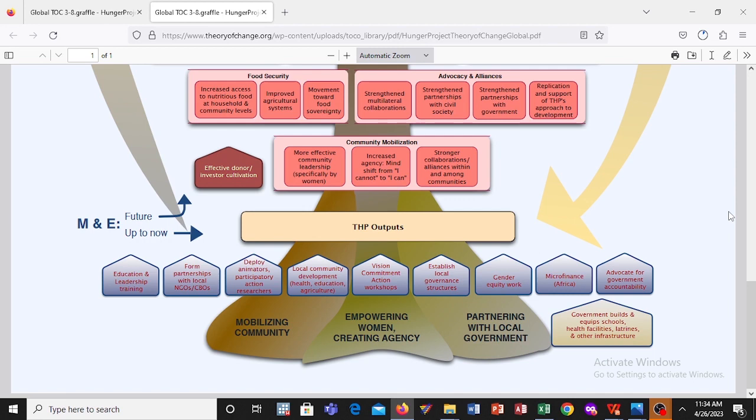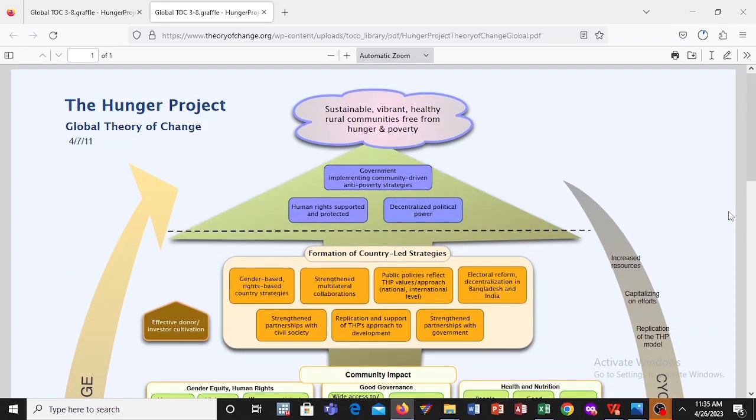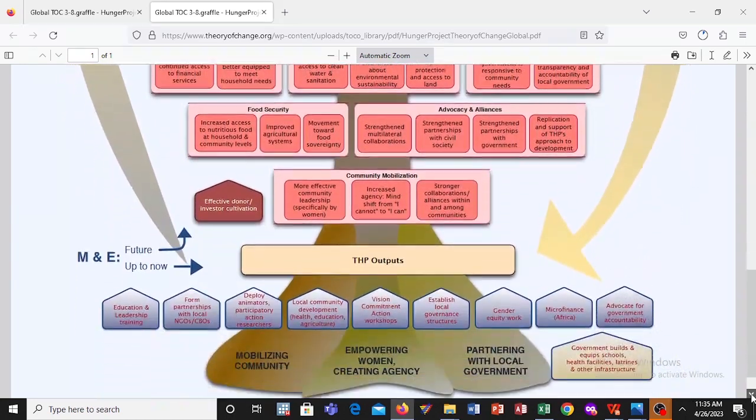These are the outputs that we hope will help us lead to the change of having sustainable, vibrant, healthy rural communities free from hunger and poverty. That is the change we hope to achieve. So how will we achieve that?